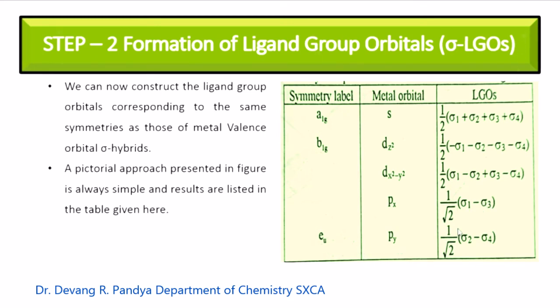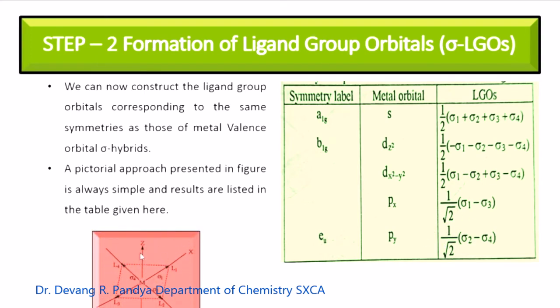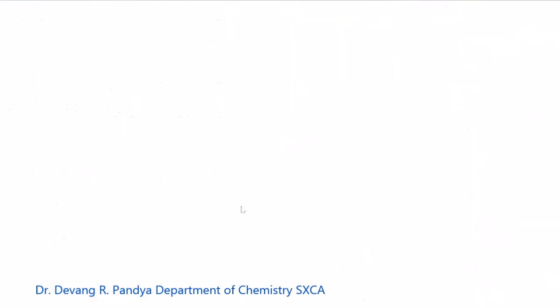And for py, 1 upon root 2 (sigma 2 minus sigma 4), with sigma 2 having a positive lobe interaction and sigma 4 a negative lobe interaction, and we will see that in the pictorial presentation as well. So this is how the positive lobe spreads on the z-axis like this, and a negative ring is there, and with this negative ring, 1, 2, 3 and 4 again have interaction, that is why the minus symbol is there. We'll see the pictorial presentation in the next slide.